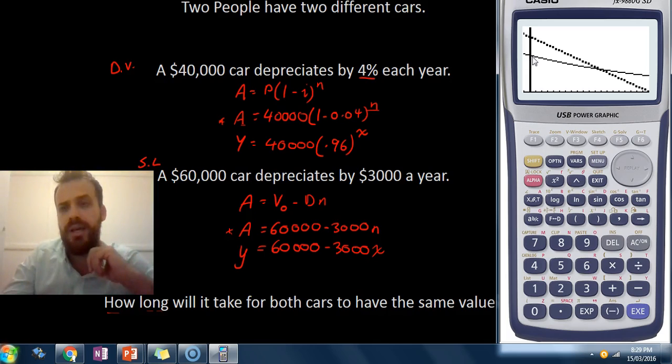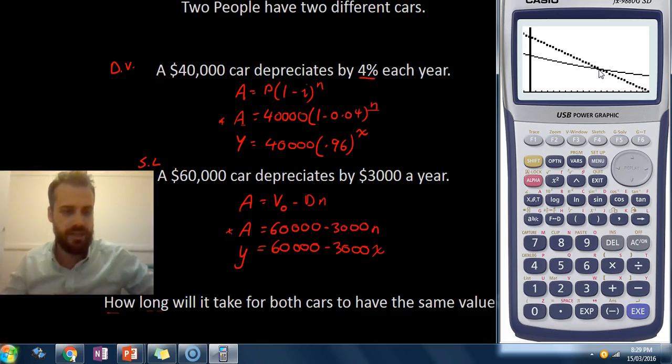And you can see there is a point where those two lines meet, and that's what our question is asking. How long will it take for both cars to have the same value?